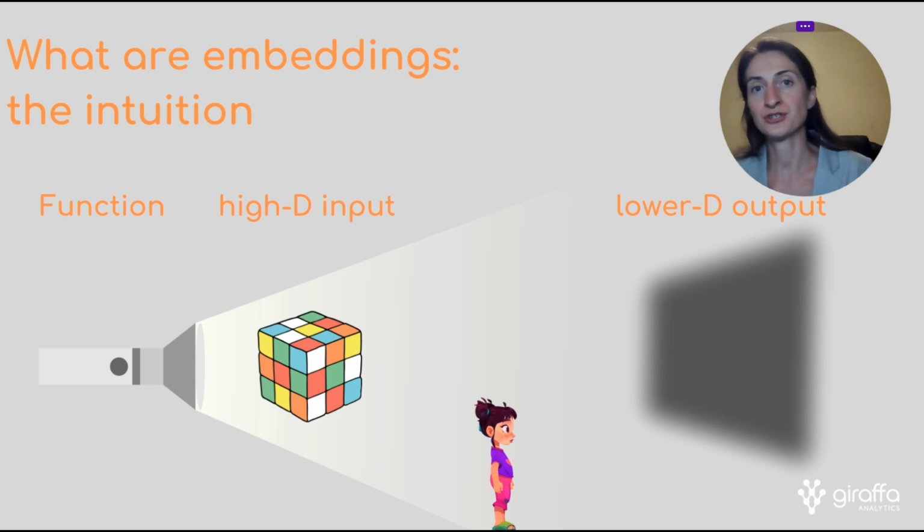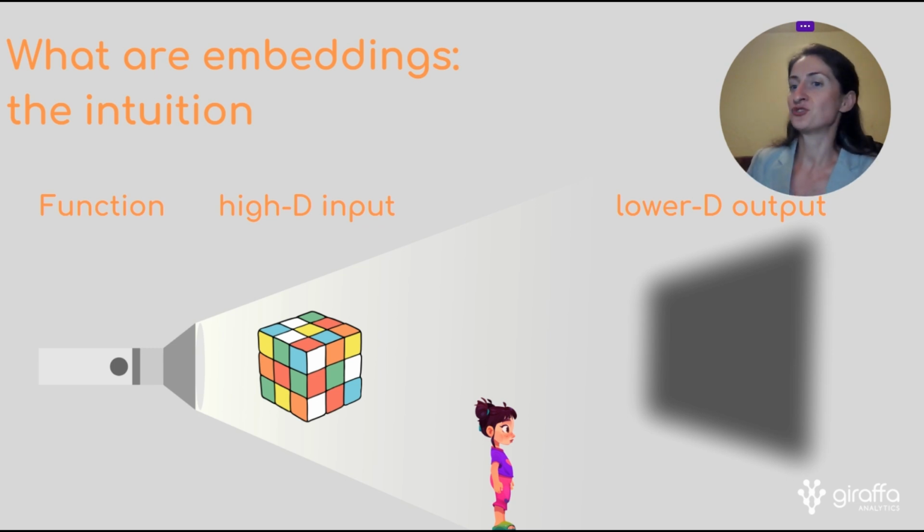It is a low-dimensional representation of something, and that something could be an image, an object, a piece of text, or whatnot. The flashlight is the embedding strategy. As you might have noticed already, it is very important because different angles give different outputs.